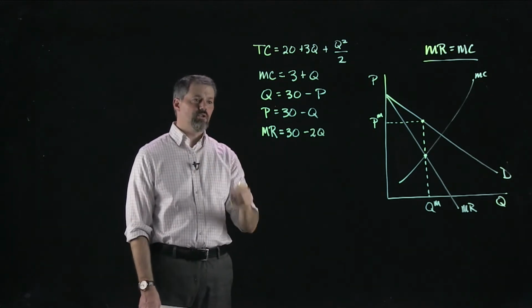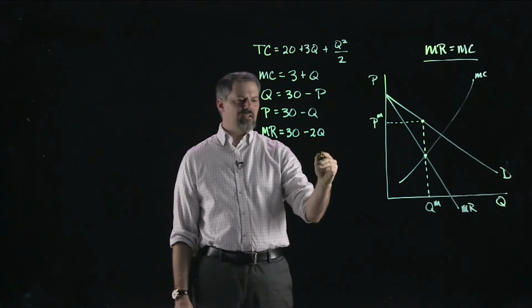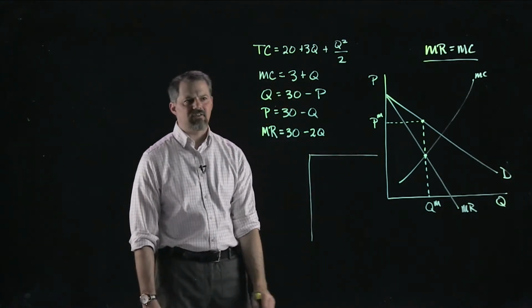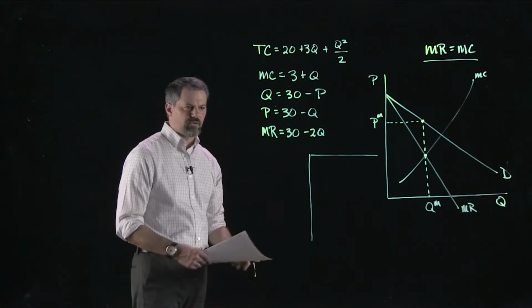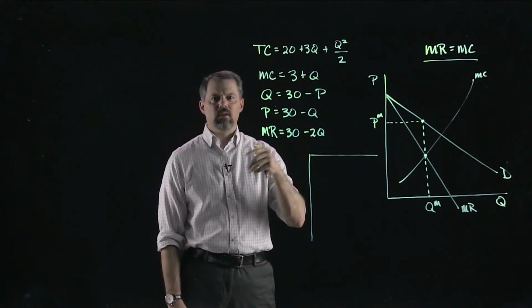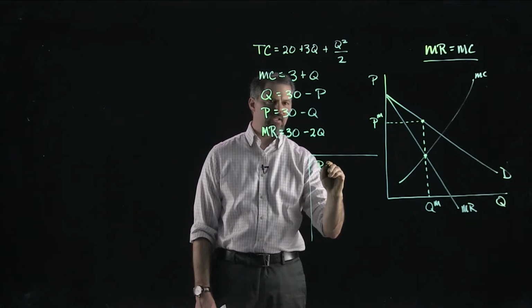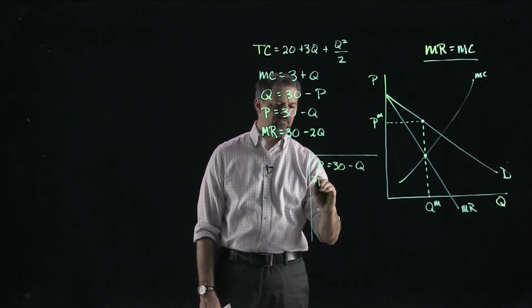Let me just show you how to get that with a little bit of calculus. So I'm going to put this in a box. This is not something that I would ever ask you to do, but for those of you who do know some calculus, and I know some do, let me show you where that comes from. Let me show you why the rule works. If we take our inverse demand curve, P equals 30 minus Q, and we create total revenue.